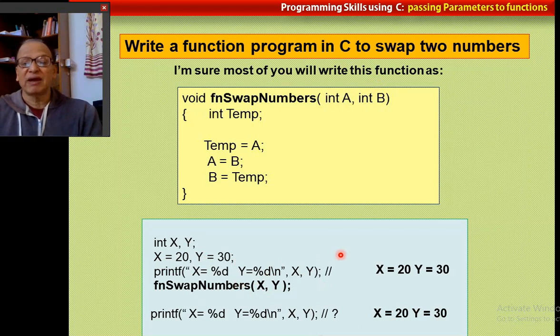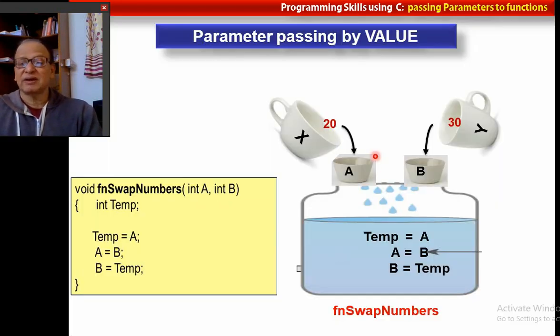To do that, we have to first understand passing by value. That means x contained 20, y had 30. I put this 20 in a variable here, and then put 30 in here, and it swapped. But as you see here, both the cups x and y still contain the same values, this contains 20 and this contains 30.